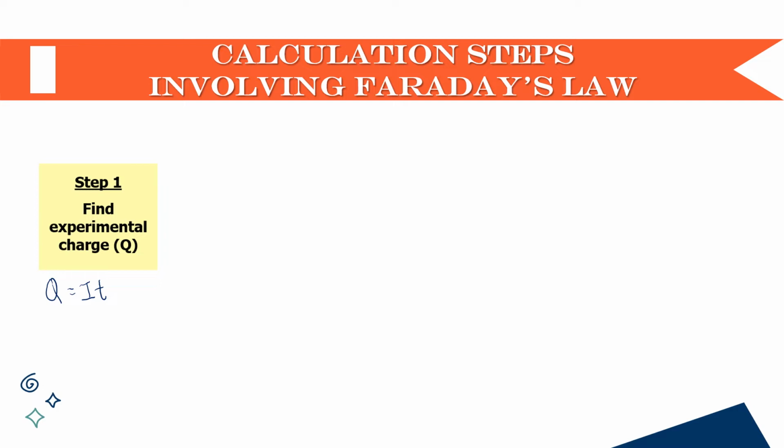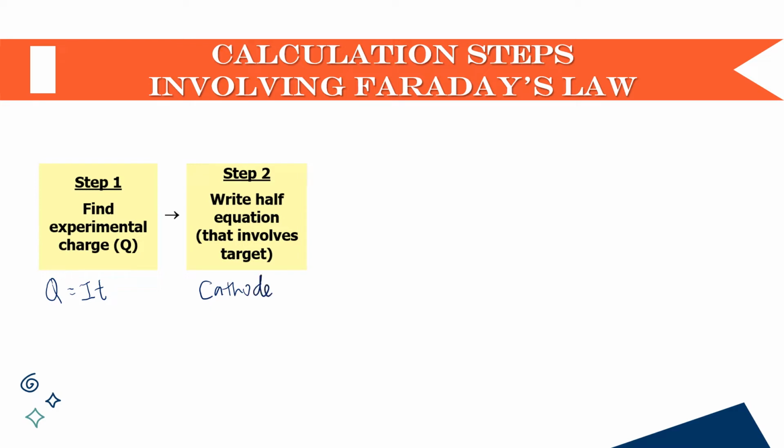Cari experimental charge. Kemudian yang kedua, write the half equation that involves the target equation. Okay, so half equation dekat sini sama ada kita tulis equation dekat cathode ataupun kita tulis equation pada anode.